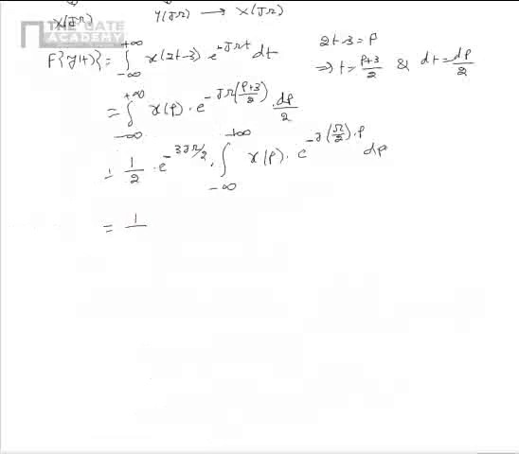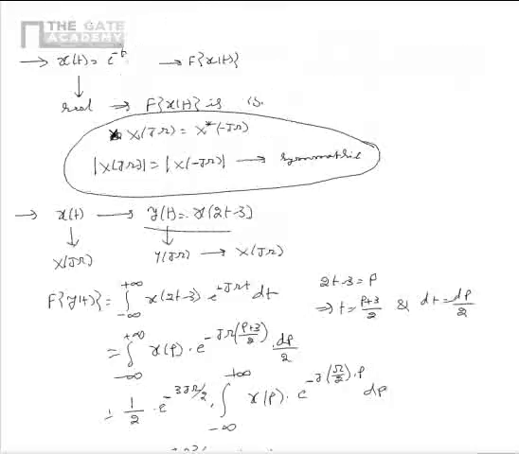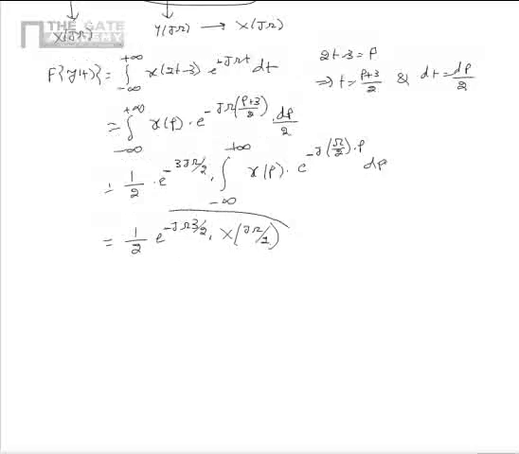So this can be further simplified as 1/2 e^{-j3ω/2} multiplied by X(jω/2). So we see that the derived version of x(t), that is y(t) = x(2t - 3), has a Fourier transform of 1/2 times e^{-j3ω/2} multiplied by X(jω/2). This is actually Y(jω).